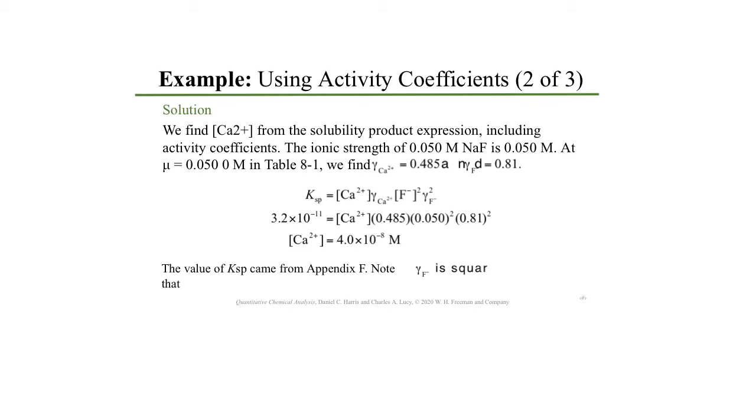An ionic strength of 0.05, we went through the calculation, and then we find that the gamma for Ca2+ is 0.485, the gamma for F- is going to be 0.81. Plug those in using the appropriate exponents, and you get the concentration of calcium equal to 4 times 10 to the minus 8th.